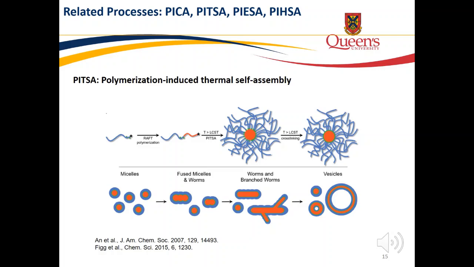And then if you raise the temperature above the LCST, that dramatically changes the solubility in water, or the hydrophobicity, if you like, of one of the two blocks, the block that has thermal sensitivity and thermal responsiveness. And you can induce changes in morphology and the self-assembly process using temperature instead of just the polymerization component on its own.